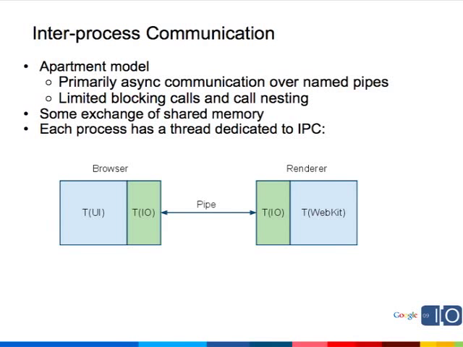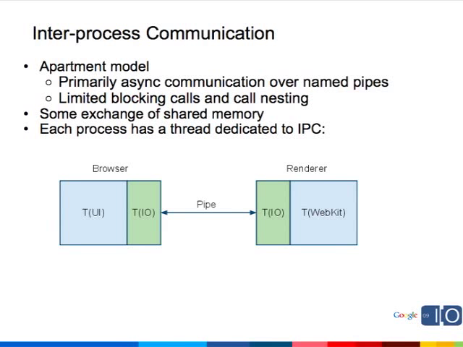This diagram here just shows that in order to keep things running smoothly, we dedicate a thread in each process to run and service the IPC. That way, if the UI thread in the browser were to go off and produce a whole bunch of IPCs that it wants to send to the renderer, but then not yield control to the system that actually sends the IPCs, that could be bad.